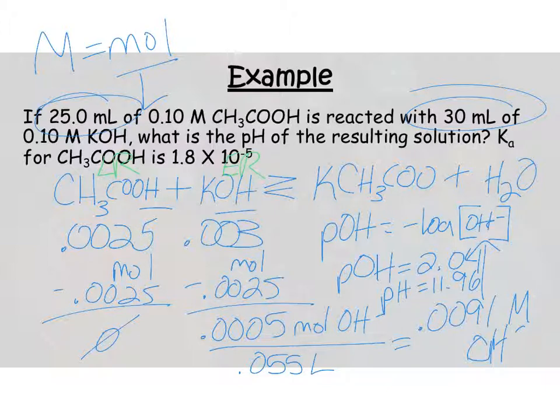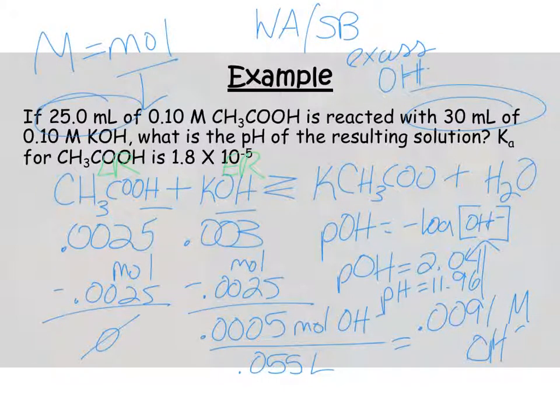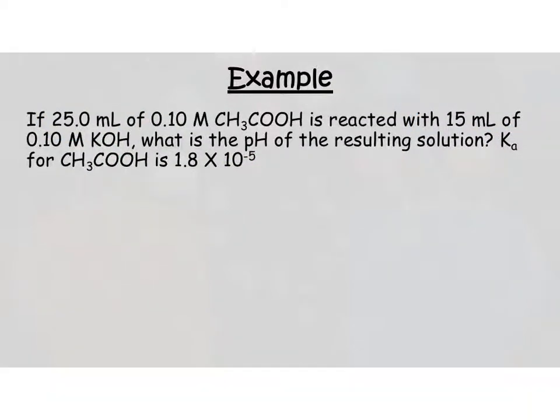All right, so I just want to point out some trends here for you. This problem was a weak acid and a strong base being reacted, and you had excess of the base, right? Now, let's talk about another situation.